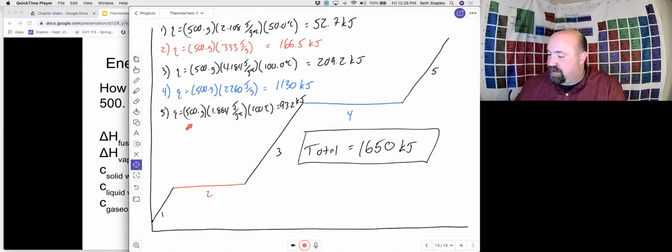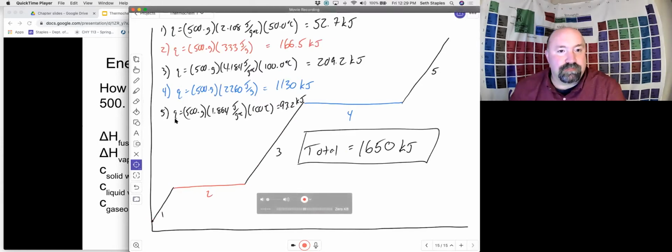And then finally, we heat the steam from 100 degrees C to 200 degrees C. So MC delta T gives us our value for the heat associated with that. We add them all up, and we get 1,650 kilojoules, rounded off for the appropriate number of significant figures. So hopefully you got something similar. Maybe a little difference in rounding somewhere, but as long as your process was the same, then you've got it.